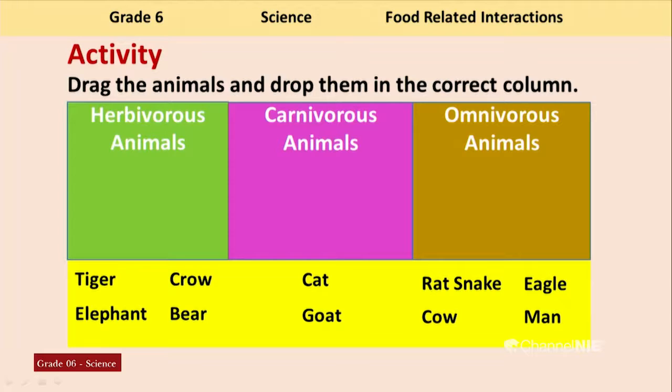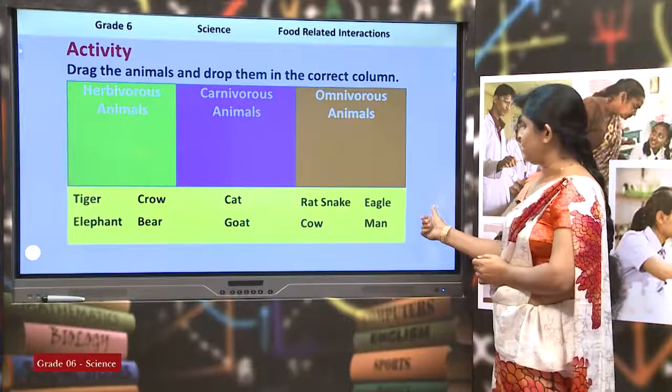What you have got to do is put the animal into the correct category. Here are the animals given here: tiger, elephant, crow, bear, cat, goat, rat snake, cow, eagle and man. Let's do the activity.